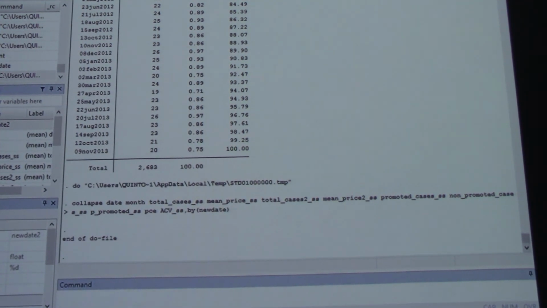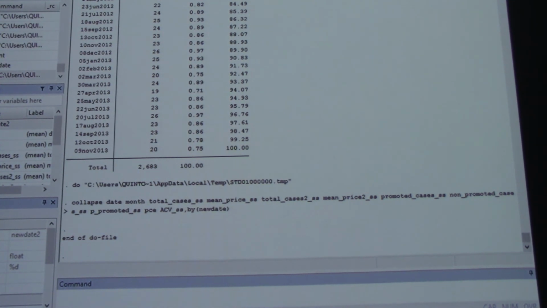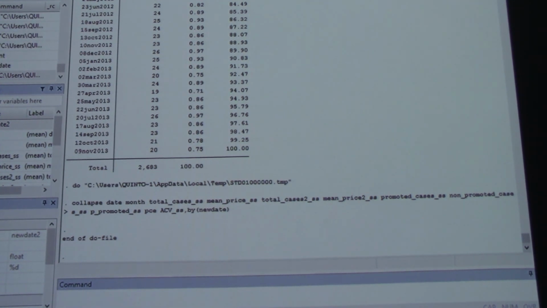Every single variable, or just the ones we've created? Just the ones we're going to use. So we've got month, total cases, mean price, total cases 2, mean price. Actually, we don't even need total cases. We need total cases 2 and mean price 2. So we just need to save the ones, or collapse the ones, that we're going to use in the regression.